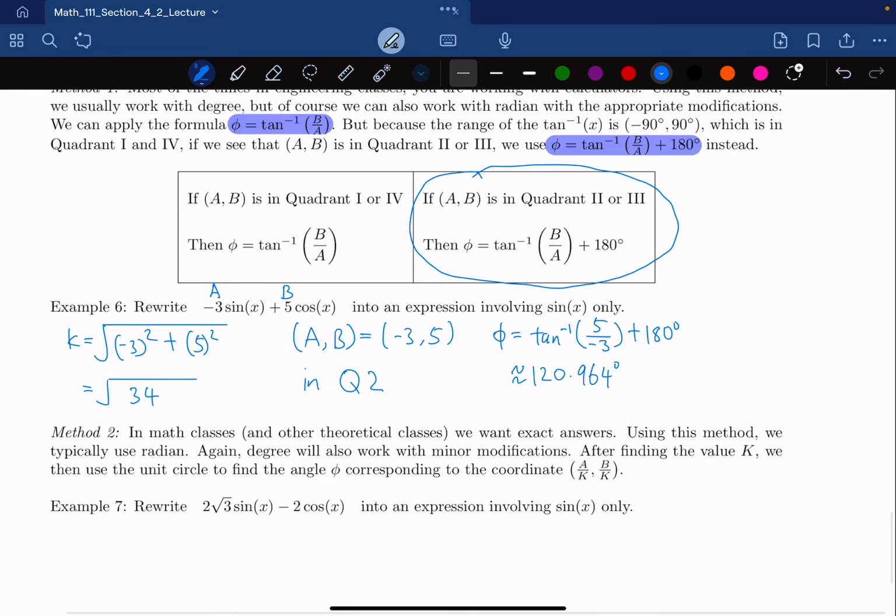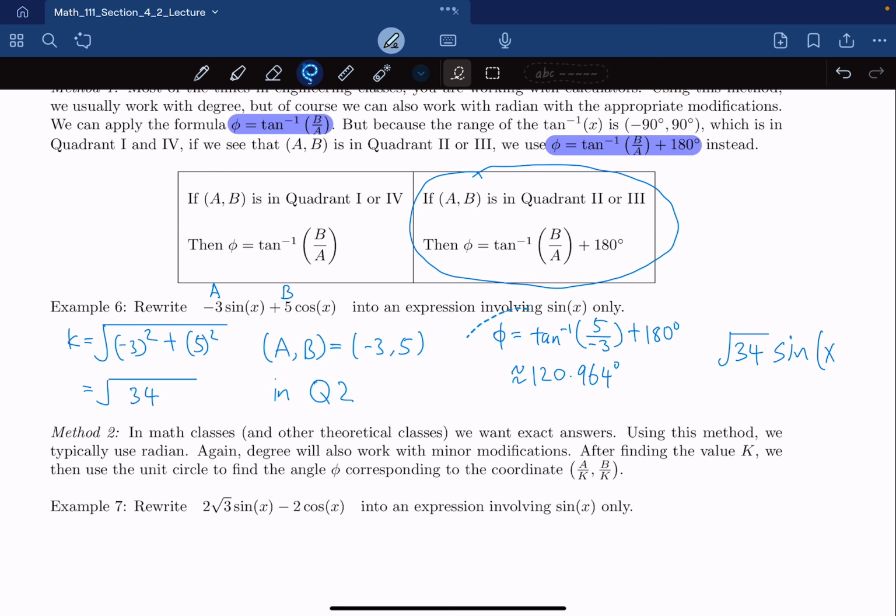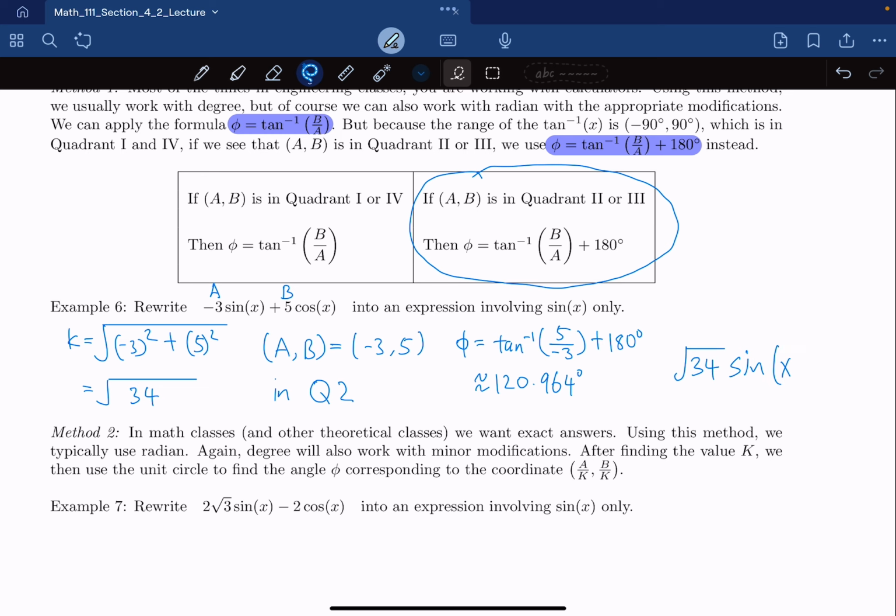So the final answer is k, which is radical 34, times sine of x plus 120.96 degrees.